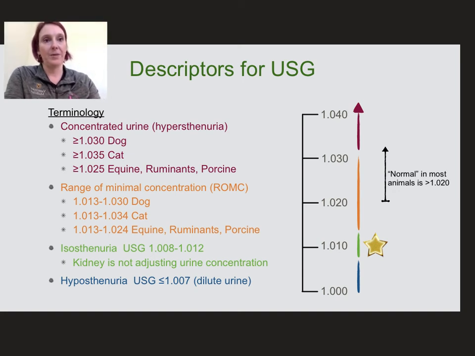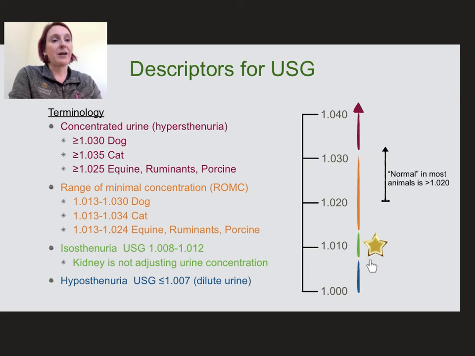Most of the time, they're even up in this well-concentrated range, but you never know when you catch them with their drinking levels. Especially in the middle of the day or the evening, you don't know if they've been at the water bowl recently, so it can sometimes vary during the course of the day.